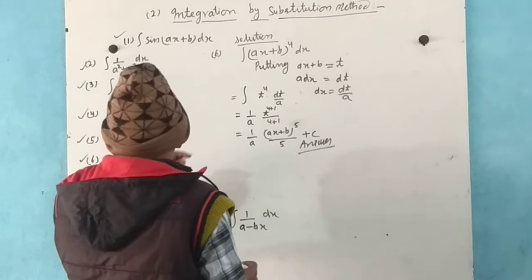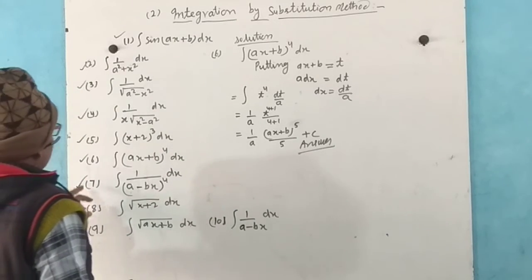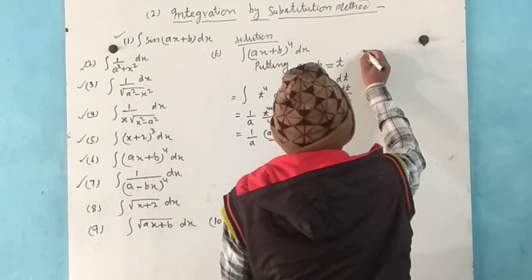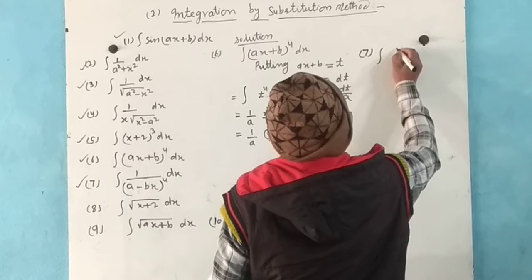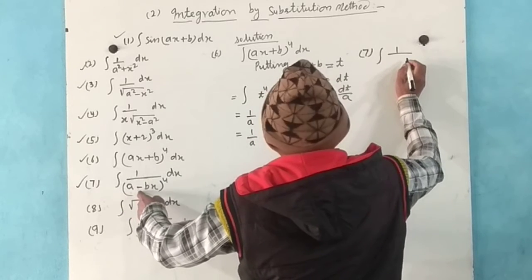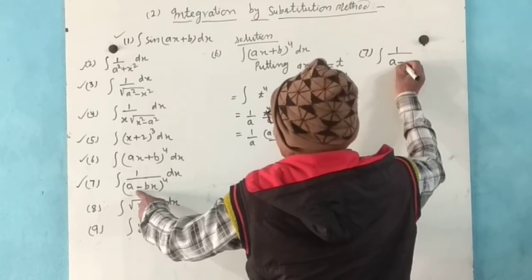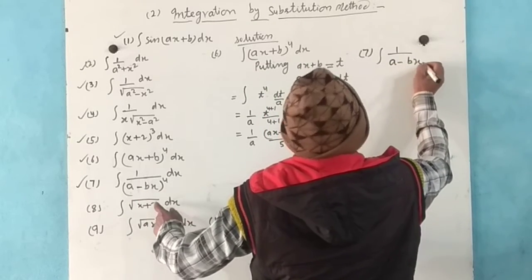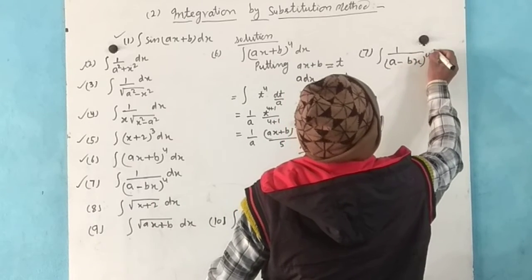Now question number 7. Here integration of 1 by a minus bx to the power 4 dx.